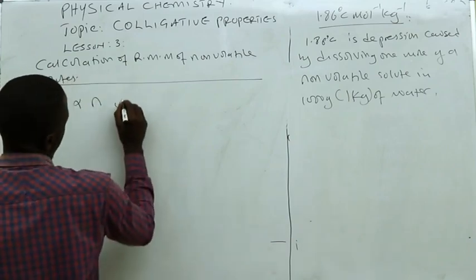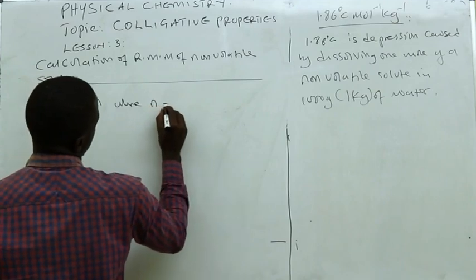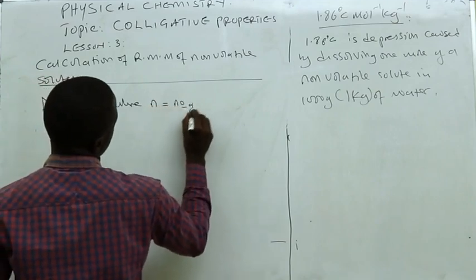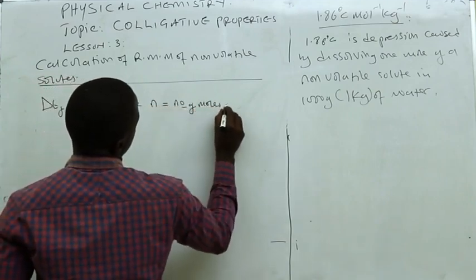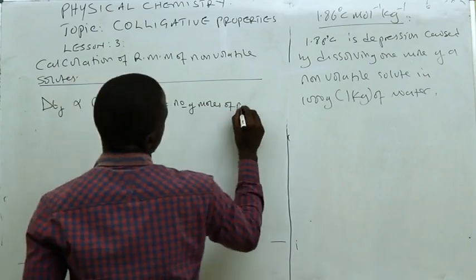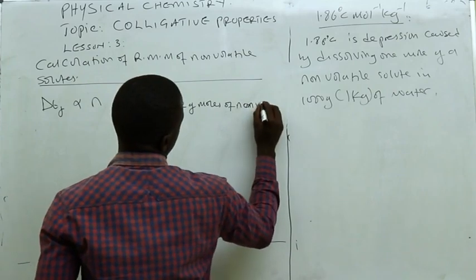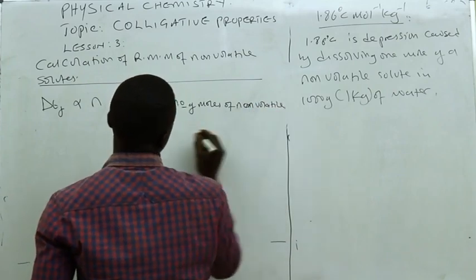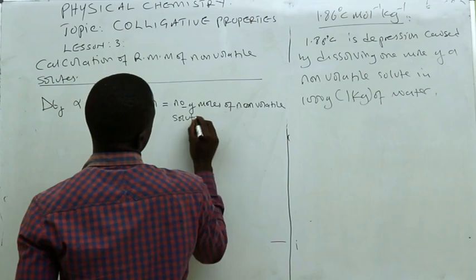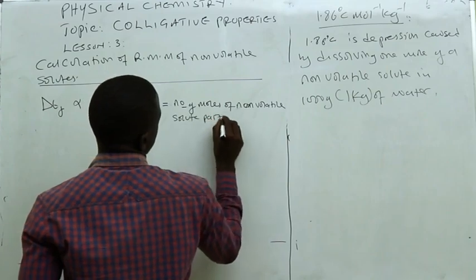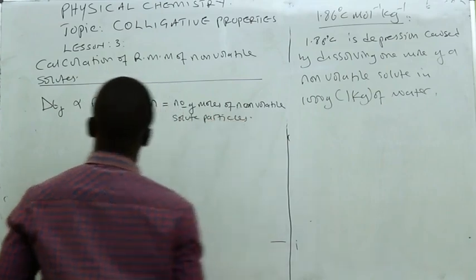So where n is equal to number of moles of non-volatile solute particles. Okay?